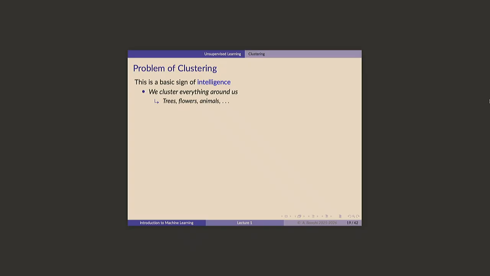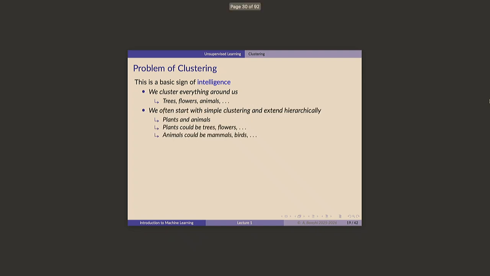And as you get more and more intelligent, you do more and more clustering. For example, you say we have plants, we have animals. Then within plants, there are trees, flowers, other things. Animals again have different forms.